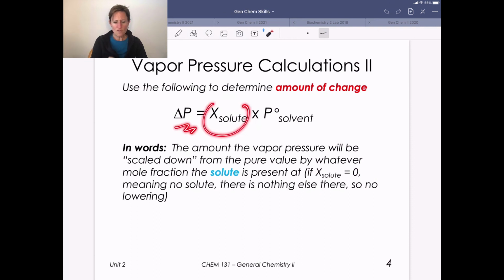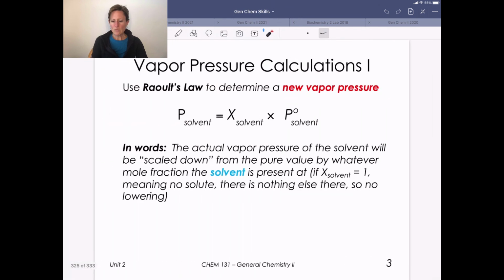That means there's no vapor pressure lowering, which makes sense, right? We've got no solute in there to do any lowering. So both of these equations will allow us to think about the depression and the lowering of vapor pressure. But again, use the equation that allows you to think of the amount of change or the new vapor pressure.